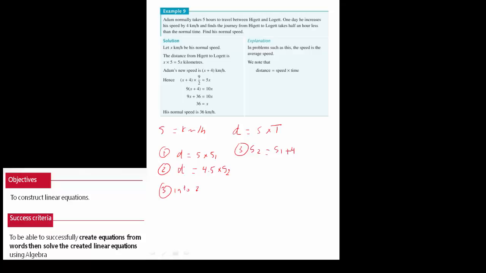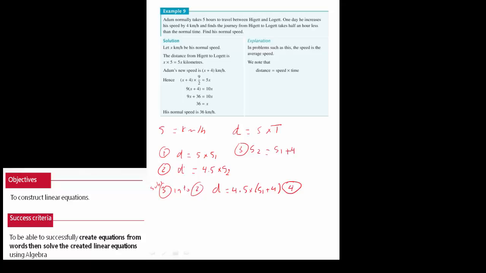So substitute 3 into 2, we get that the distance equals 4.5 times S1 plus 4. And let's call this equation 4.